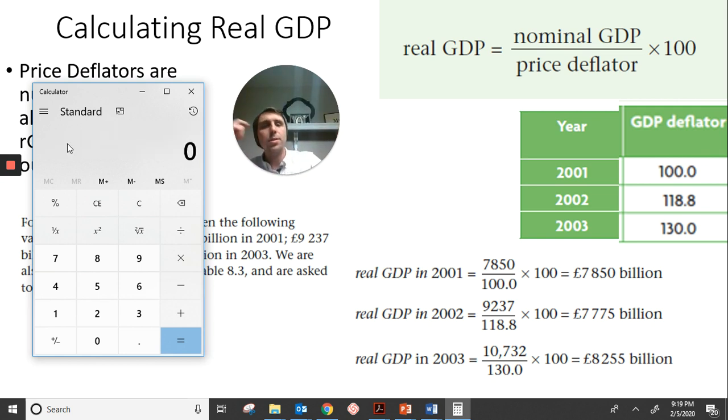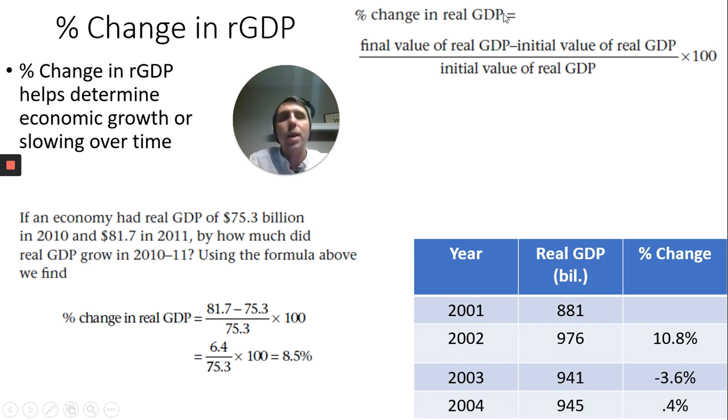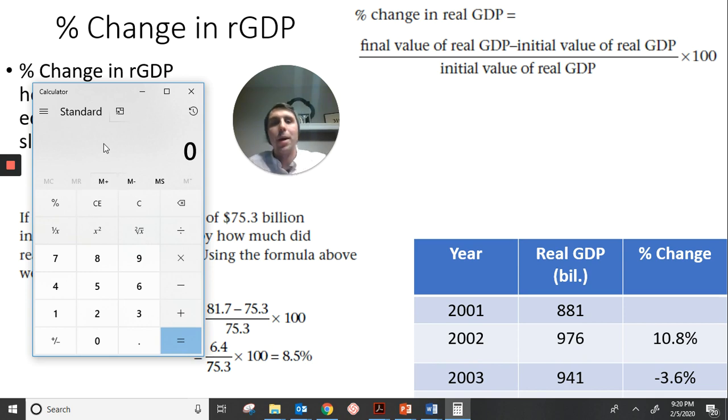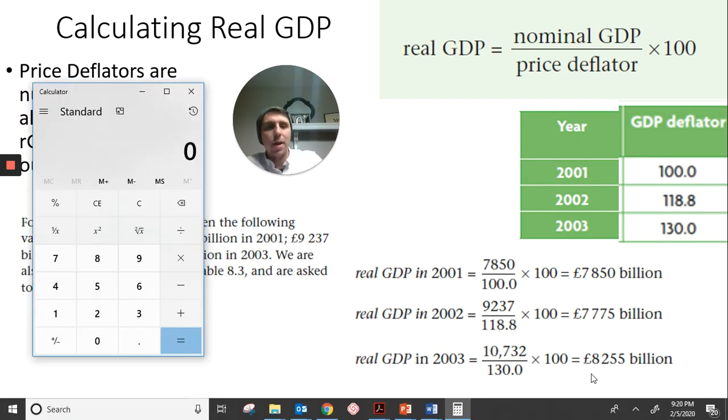Okay, let's do the last one. So again, I'm going to show you again, percentage change in real GDP. We have our final value minus our initial value, so our change, over the initial value. We figured that out by coming up with an example. Our final value here, 82.55, minus our initial value, 7775, 480.